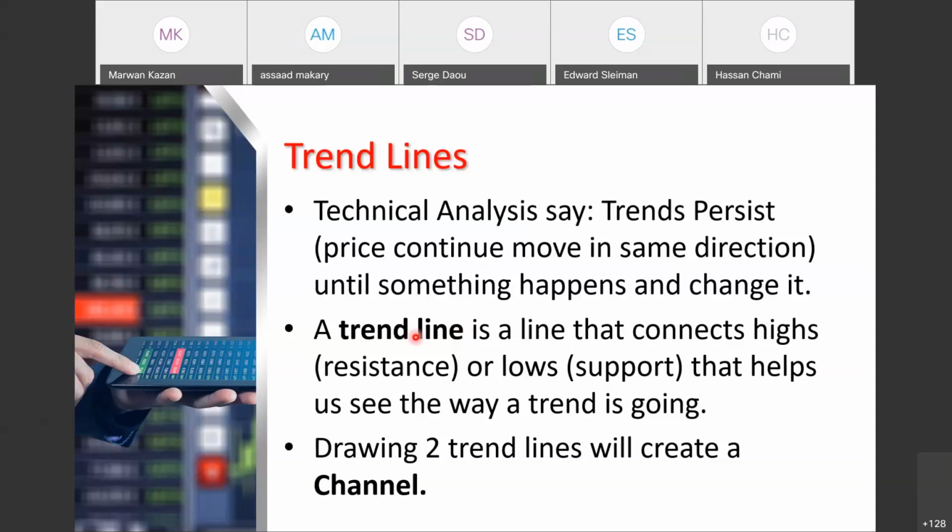We have two main types of trend lines. The one that connects the highs is called resistance, and the one connecting the lows is called support. Now we're gonna see why it's called this. Drawing support and resistance will give you a channel in between, and we'll see that over here.